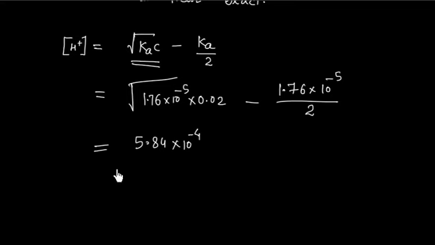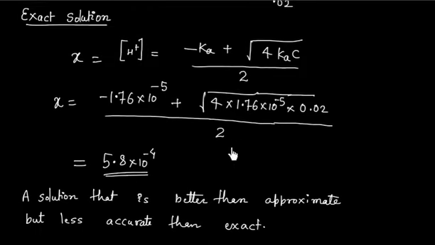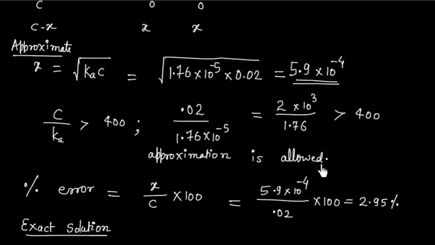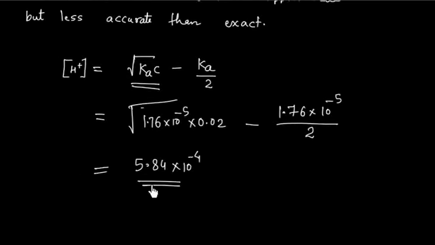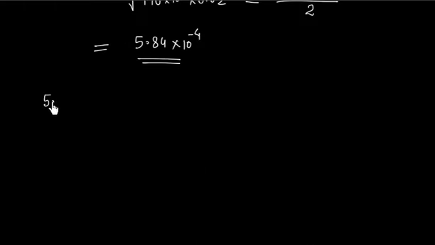You see, this solution is less than the exact solution. The exact solution is somewhere here, and this is the approximate solution, 5.9. So one value is 5.9 into 10 to the power minus 4, another is 5.84, another is 5.8, all into 10 to the power minus 4.